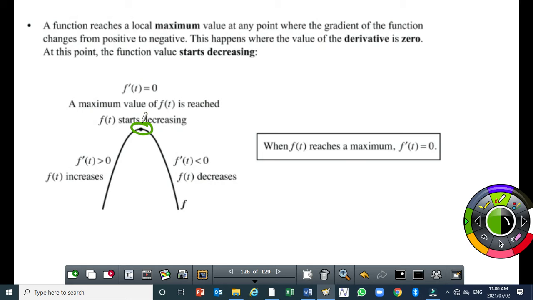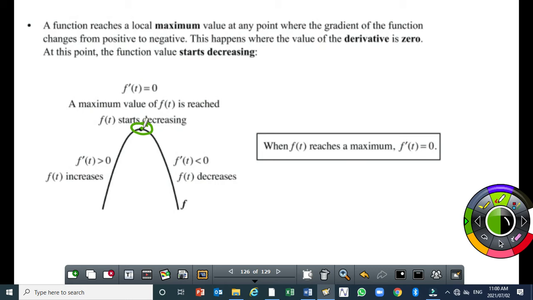To the right of this point here, the graph is decreasing because the gradient is negative. Right? I have spoken about that many times. Right? So you get your maximum value when the gradient is 0, which will be a maximum turning point.